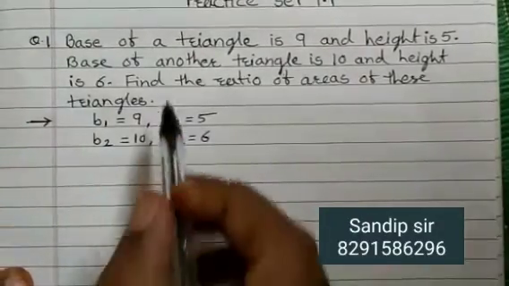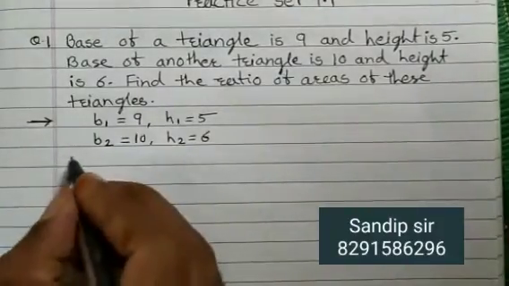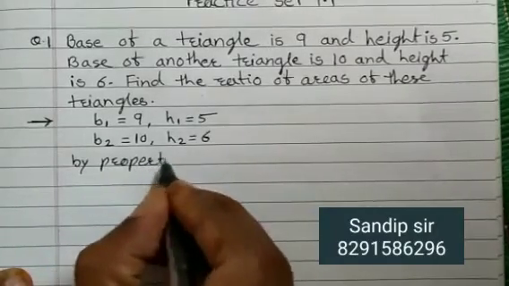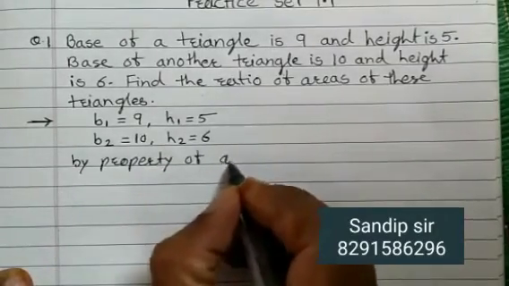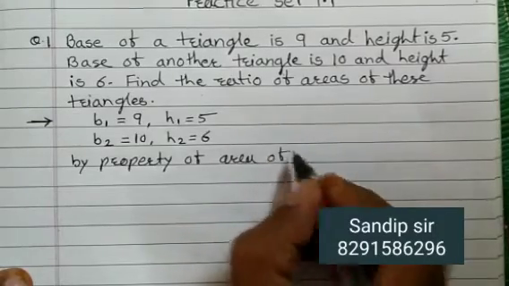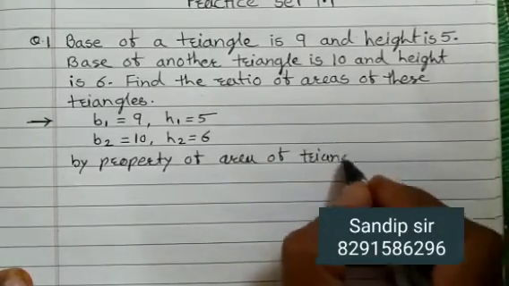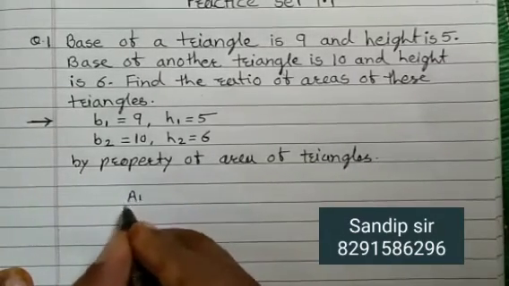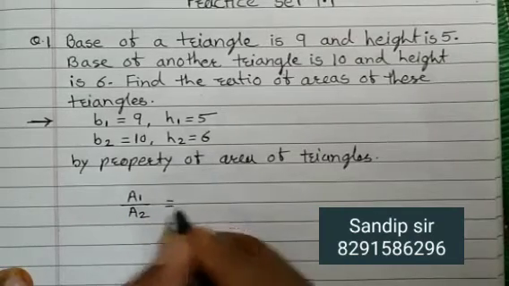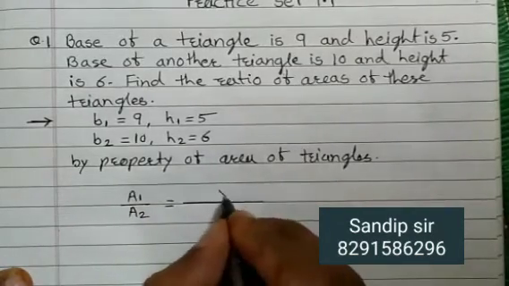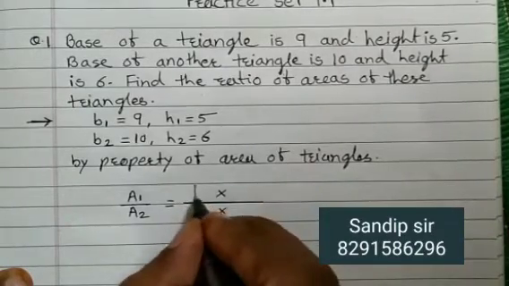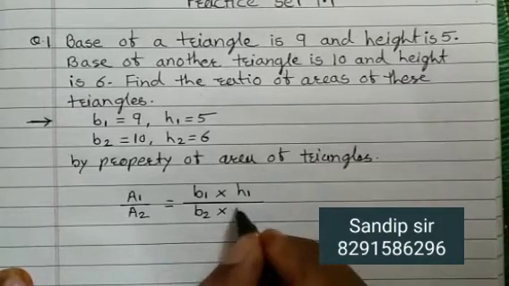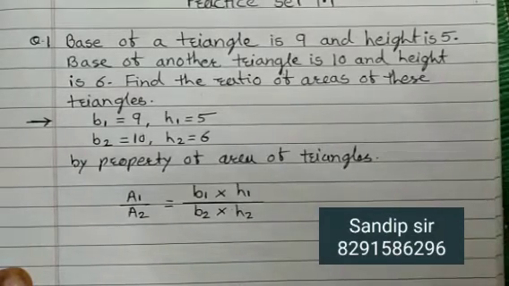Now we have to find the ratio of areas. So by the property of area of triangles, A1 upon A2, the ratio of areas, is equal to the ratio of the product of base and height, B1 into H1 in the numerator, B2 into H2 in the denominator.